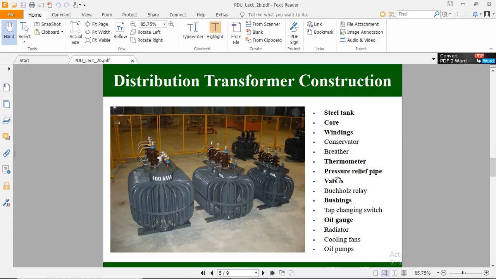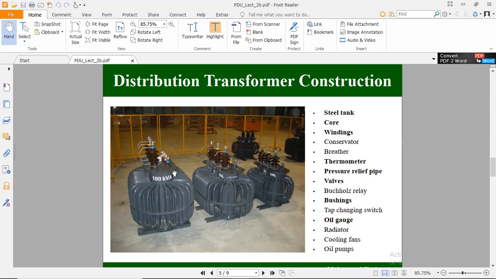Now pressure relief pipe, valves, Buchholz relay. Buchholz relay is used to find the internal fault of the transformer, and it is a mechanical type relay which provides the status of internal faults of the transformer.